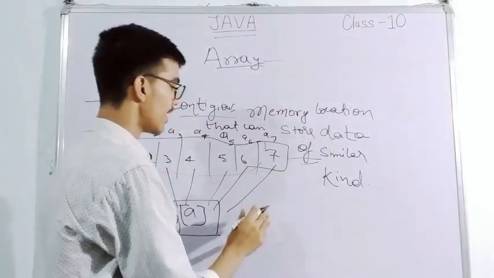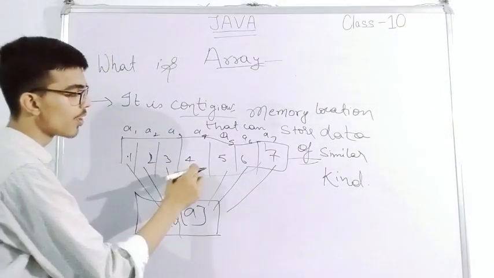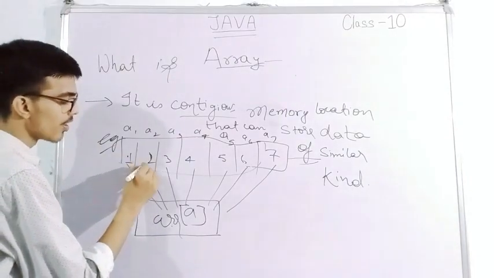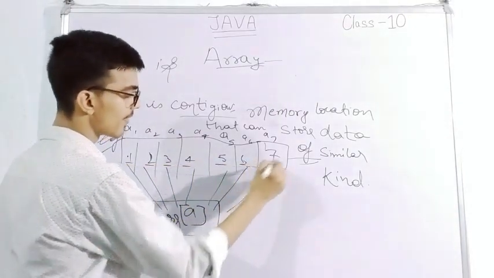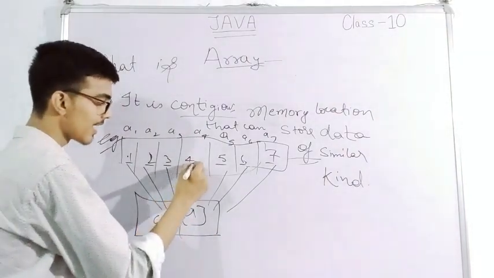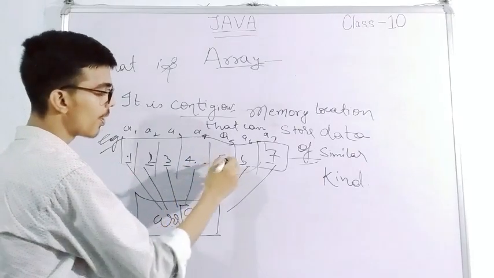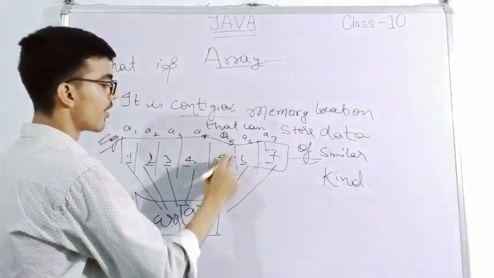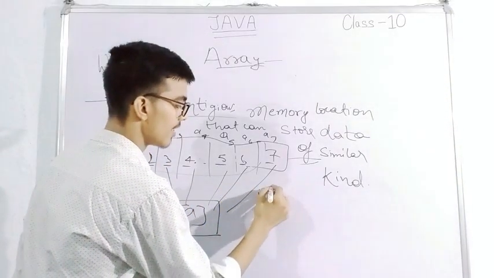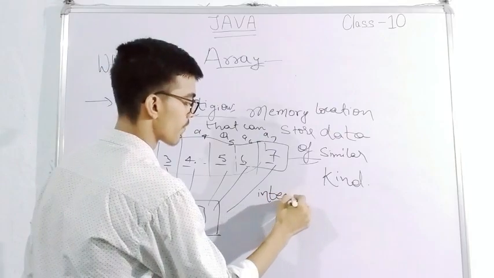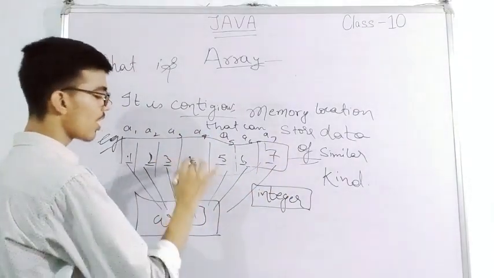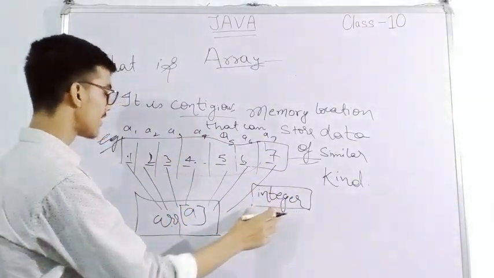Of similar kind means what? 1, 2, 3, 4, 5, 6, 7. It is an example given here. These all are numeric values. There is nothing like 4.2, 5.0 and nothing like that. So these all come under integer, and we can see that all are present in this integer.